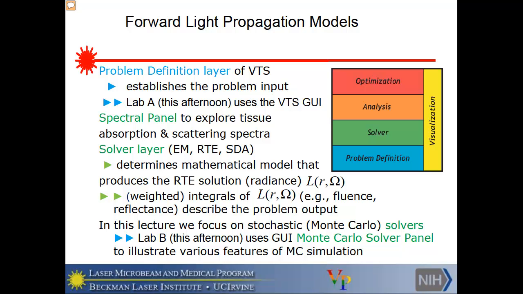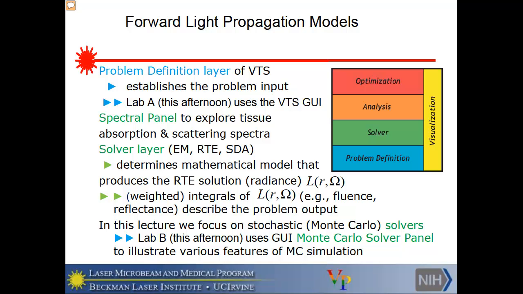The solver layer here picks the model that you're going to use to solve the problem, and that'll produce the solution, the radiance, or some approximation of it, of course, and weighted integrals of the radiance that give you fluence, reflectance, and that describes the output.